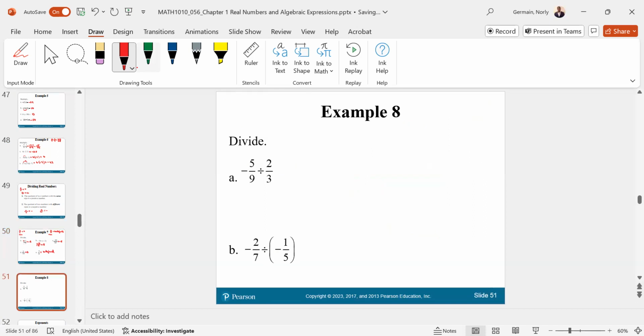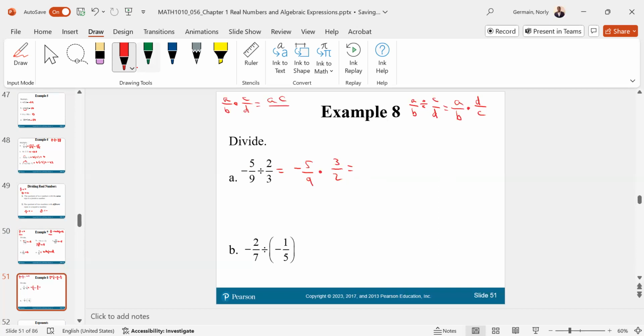But we're gonna do some more examples with fractions. Now, the rule says if you have a fraction divided by another fraction, you keep the first fraction as is, you multiply by the reciprocal of the second fraction, okay? For example, here, I'm going to keep my -5/9 and multiply by 3/2. Remember now, when we have a fraction times another fraction, what do we do again?